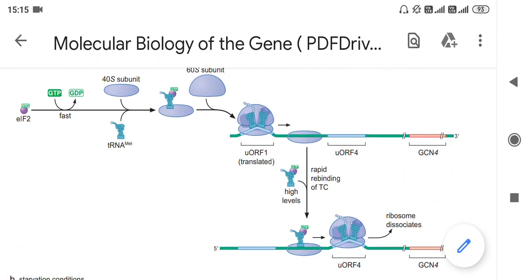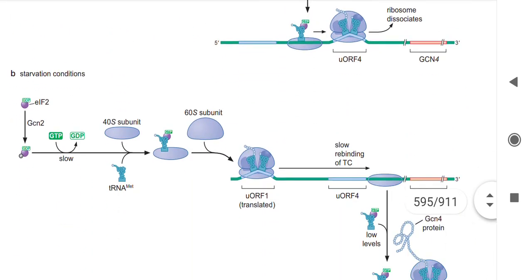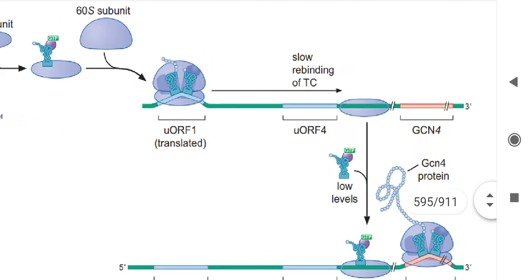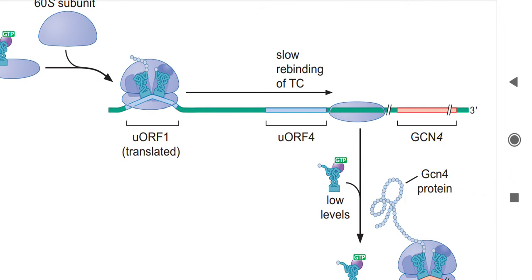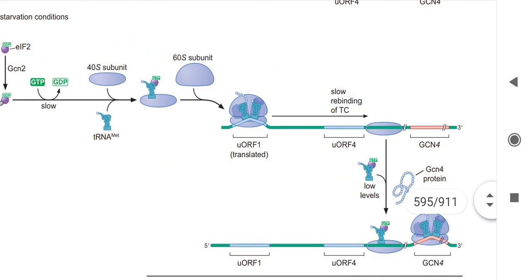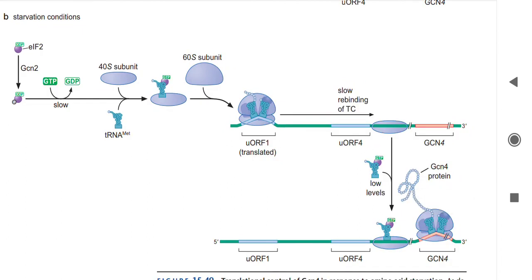Now suppose there is very low amino acid, then GCN4 mRNA has to be expressed, right? It will direct the synthesis of those enzymes which are needed for the amino acid biosynthesis.